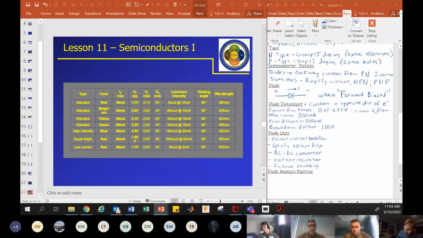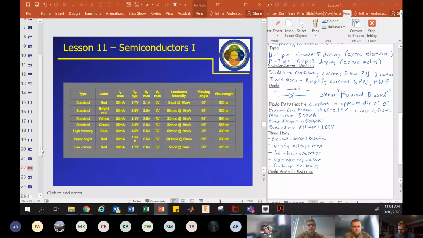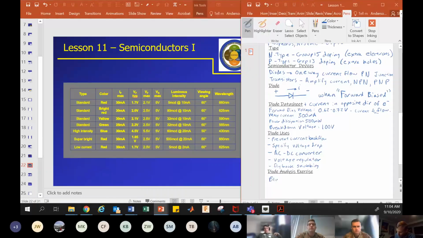Okay, so there's some different LEDs, and they have different voltage drops. Notice blue is 4.5 volts, okay? And its current max is 30 milliamps. So blue, VF equals 4.5 volts, and I max is 30 milliamps.